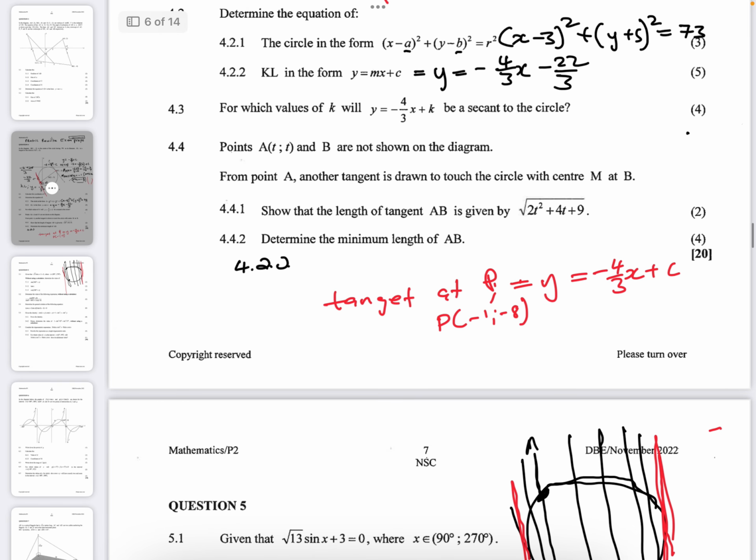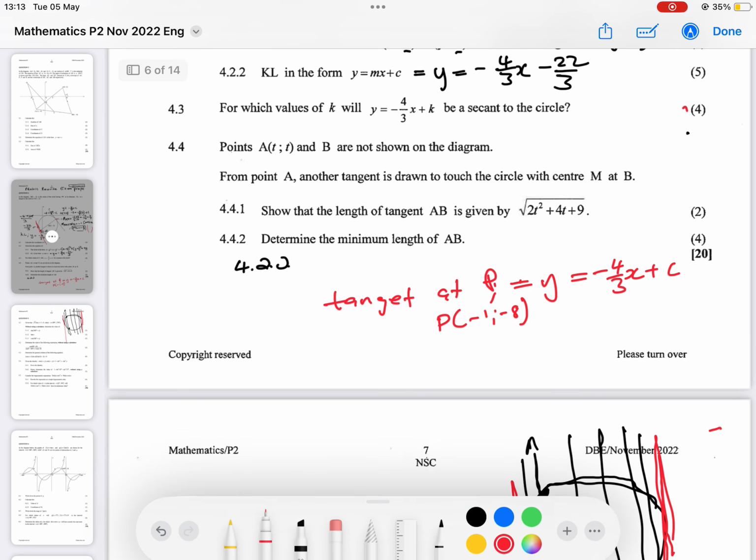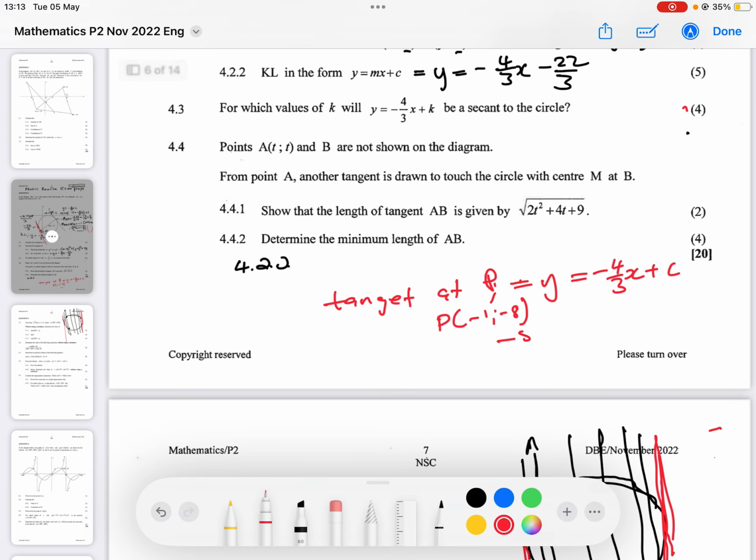So substitute this one, and then y is minus 8 equals minus 4 over 3, x is negative 1 plus c. So this will give us what? A positive. Transpose that side.